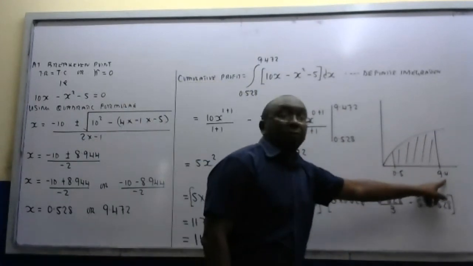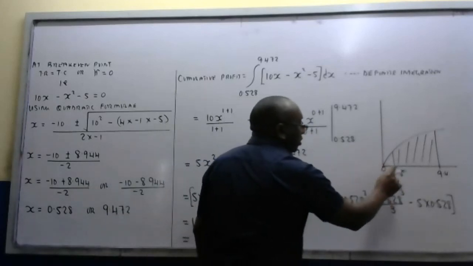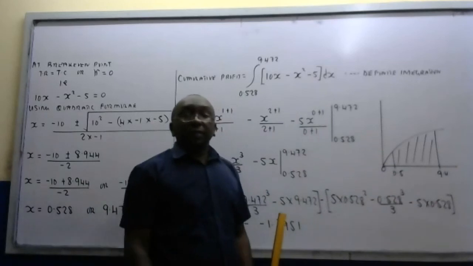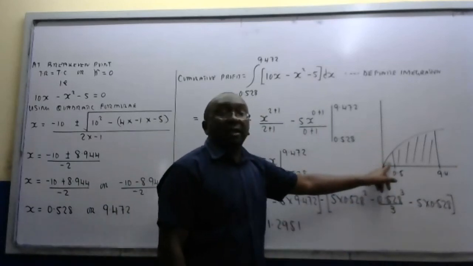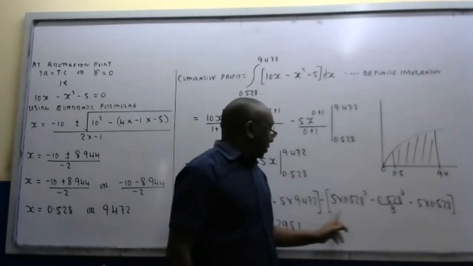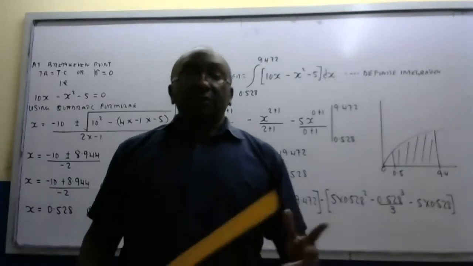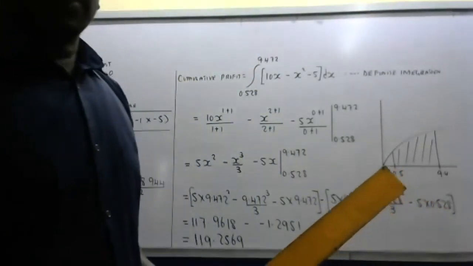When you substitute 9.4, it gives you the total area from 0 all the way to here. When you substitute this 0.5, it gives you this area here. So for you to be left with this other one, you subtract here. Have you visualized it? Very easy to understand.